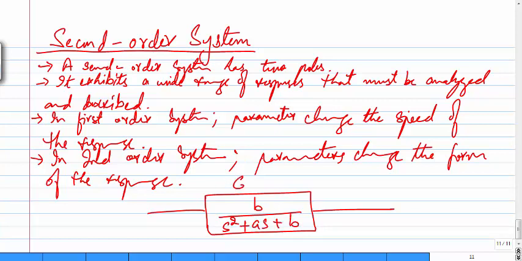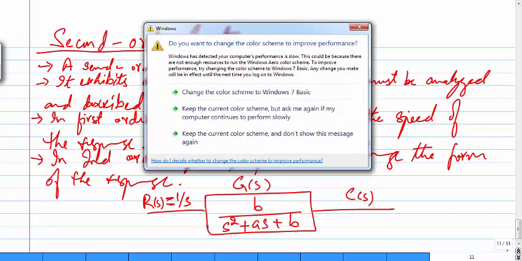So this is your G of S, and again we have R of S, that is the input, and we have C of S, that is the output. Now I told you that normally we give step input as an analysis input to the system and see how the system performs. This is a second order system because we have s square, so this means that you have two poles in it.